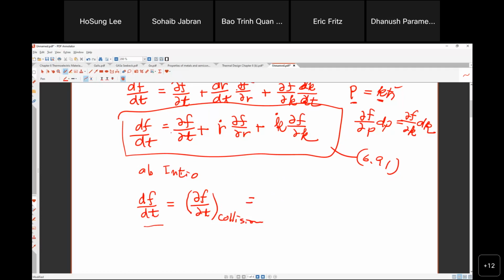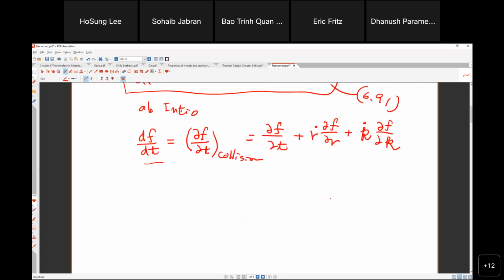look at that. The f change with respect to time is the transient, and the r dot is a velocity, and dr, and k dot, the rate of change of wave number, with respect to k.